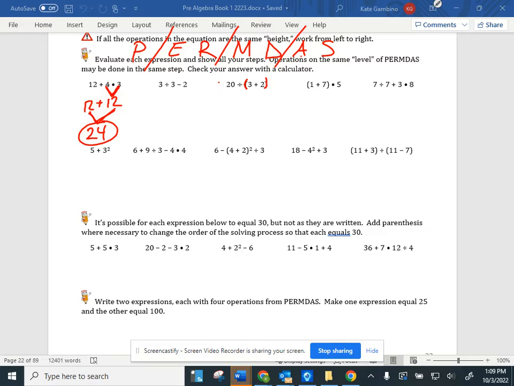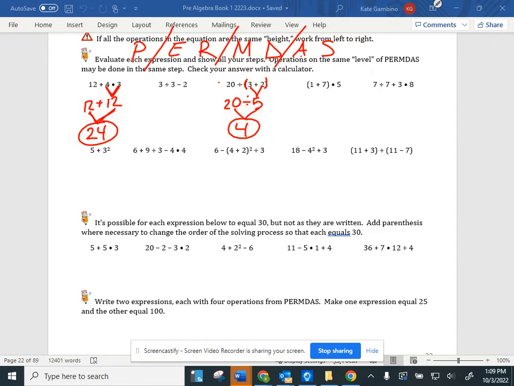That parentheses tells me I have to do it first. So I'm going to draw my lines. What is 3 plus 2? 5. Now I'm going to bring down the rest of my equation because there are no other parentheses. So now I know I'm doing 20 divided by 5, which is 4. And I know that I've done all of my steps.